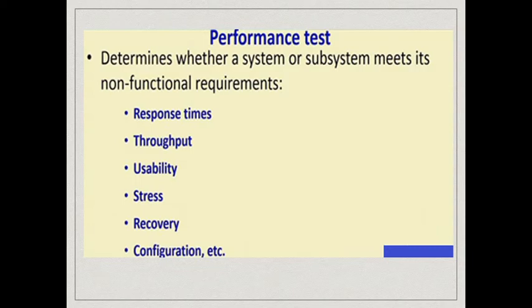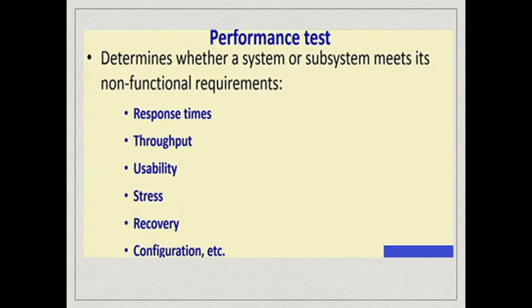Now, as we proceed, we will look at the functionality test. The functionality test covers all the functions that are documented in the SRS document. It tests whether all those functions are working fine. The second category of tests for which we have to develop test cases and execute them is the performance test.